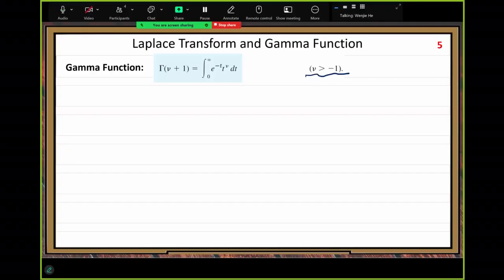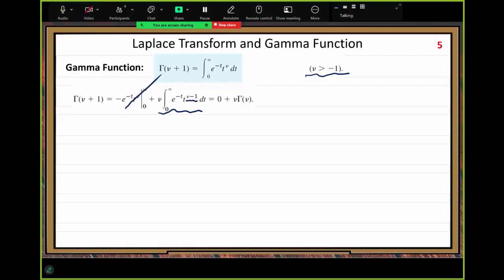If we apply integration by parts to that gamma function, the first term is 0, and the second term, you can see, the integral part is just gamma of nu, because the t part becomes nu minus 1, and nu minus 1 plus 1 gives gamma of nu.